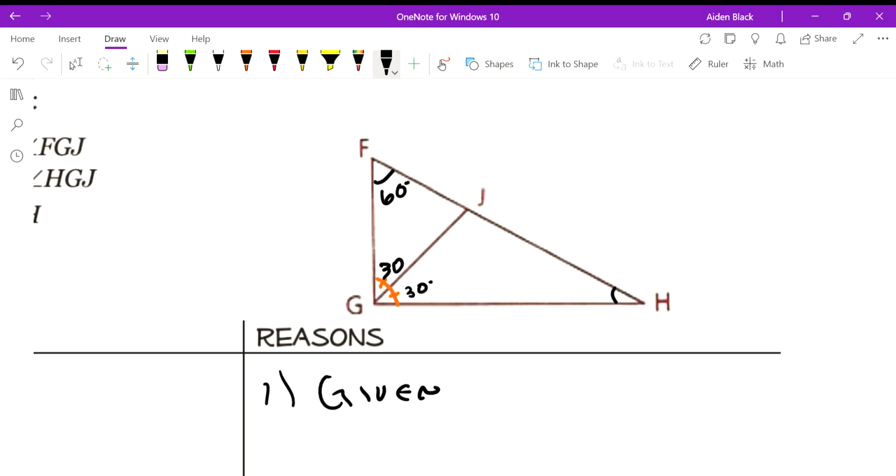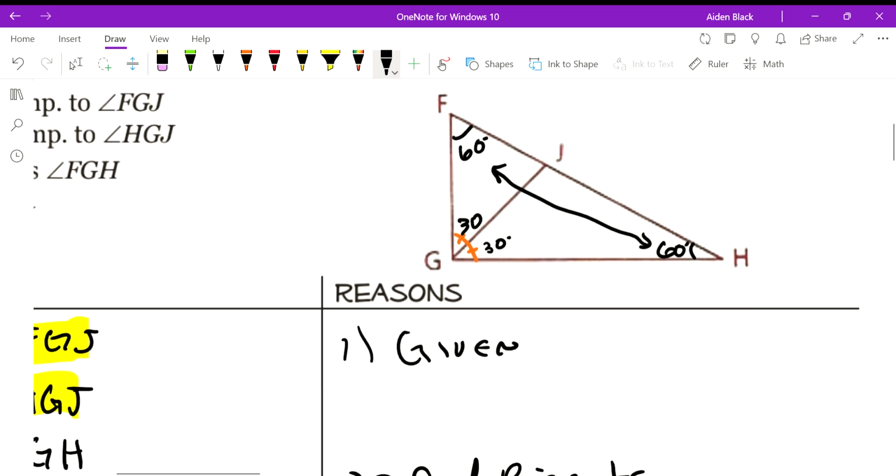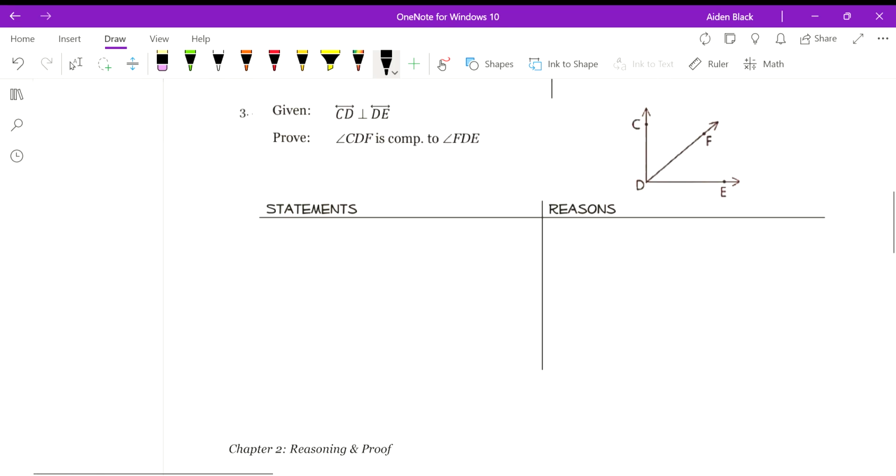So this angle HGJ has to be 30. Now, also one of the givens is that these are complementary, these two angles. Therefore, angle H must be 60. So, at the end of the day, what do we know? Angle H is congruent to angle F.